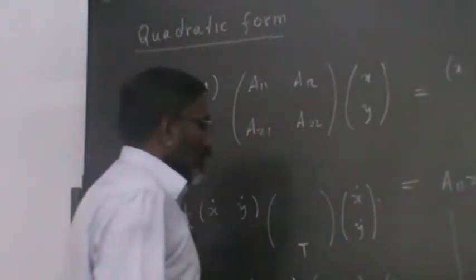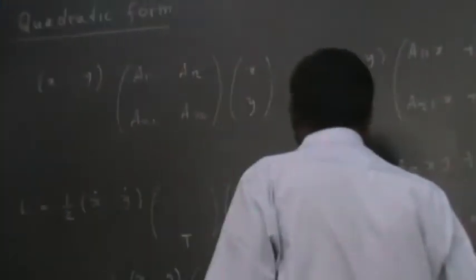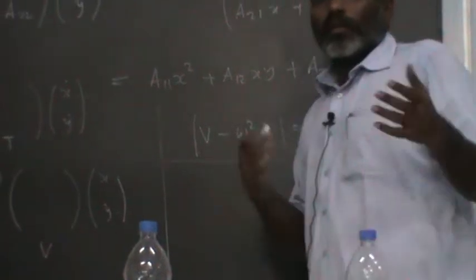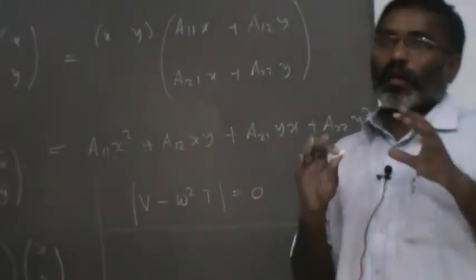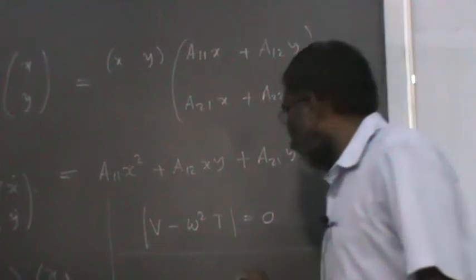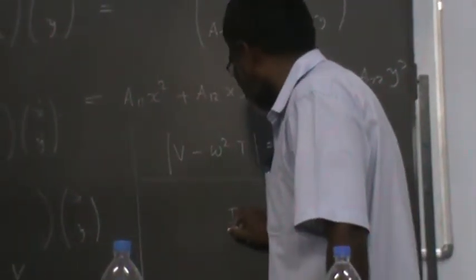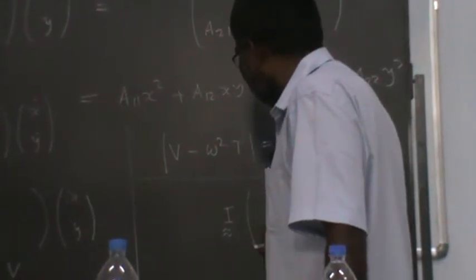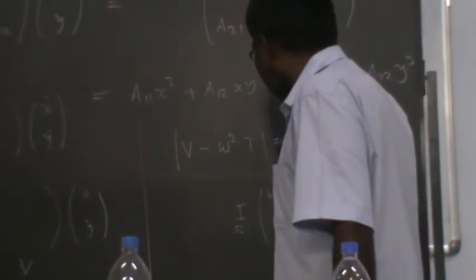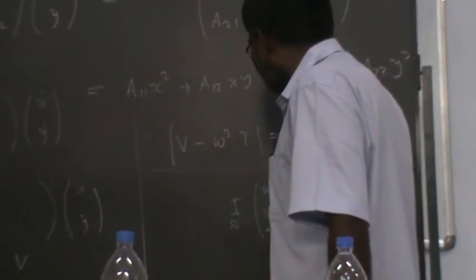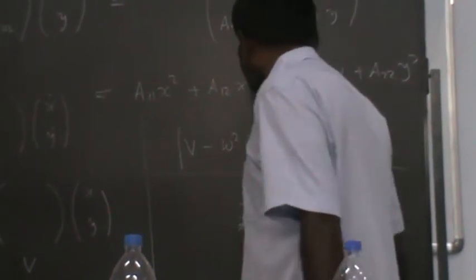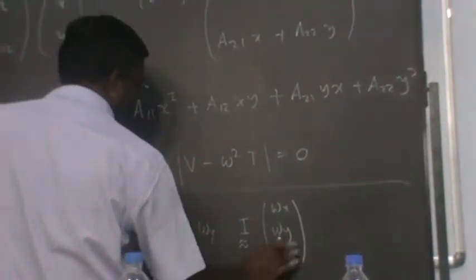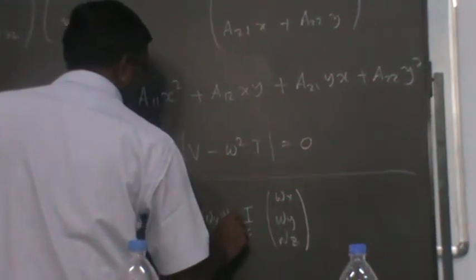There is another context in classical mechanics where quadratic forms are important: rigid body dynamics or rotational dynamics. The moment of inertia tensor is a matrix, and the kinetic energy of this is given by half omega x, omega y, omega z into the matrix into omega x, omega y, omega z.